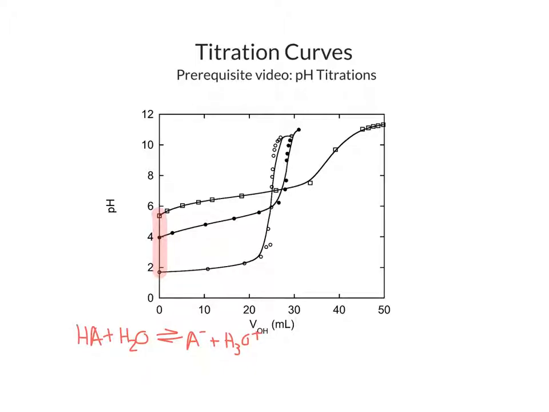So the more H3O+ that is made, the lower the pH will be. The more H3O+ that we make in this equilibrium, the more this equilibrium lies towards products, which means that we have the stronger acid. So the lower the pH initially means the stronger acid.